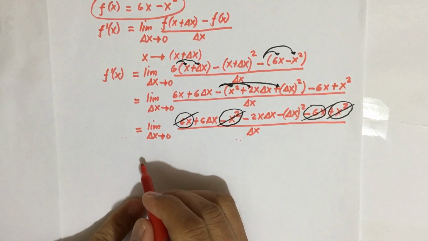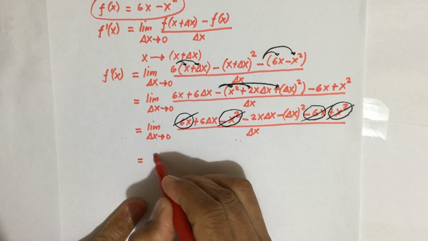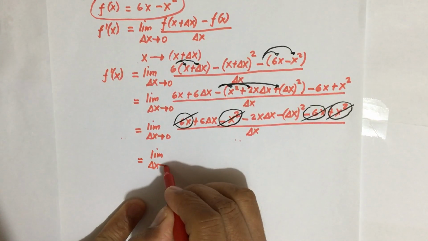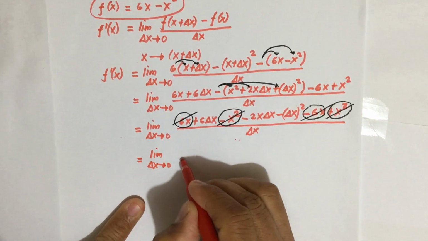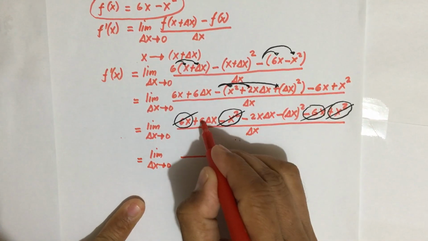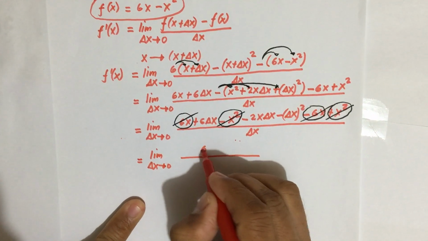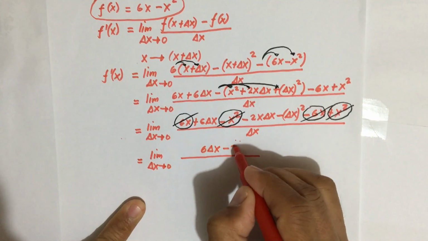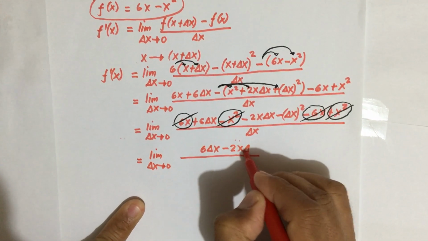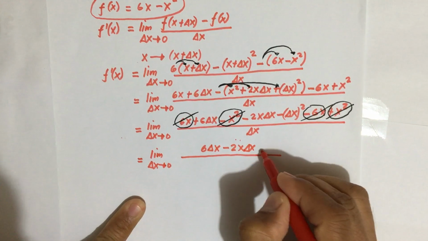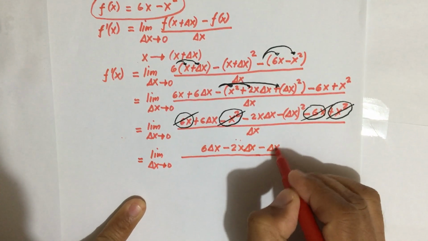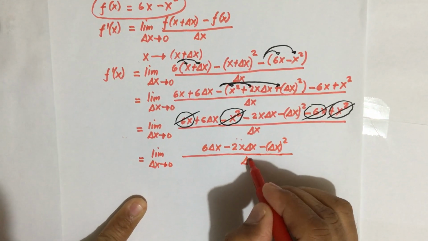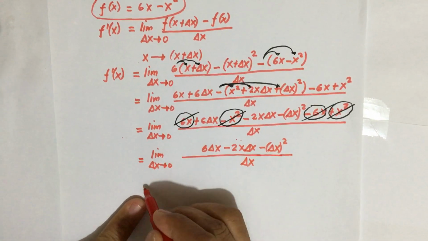So again, rewriting it. We have limit of the function as delta x approaches 0. So we have 6 delta x, then we have minus 2x delta x, then minus delta x squared divided by delta x as delta x approaches 0.